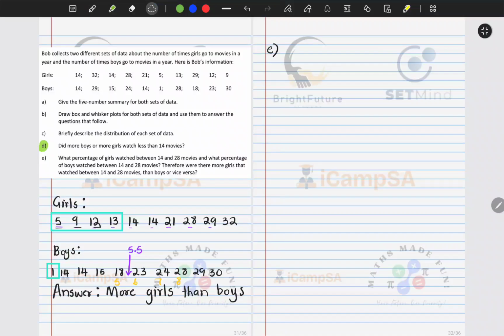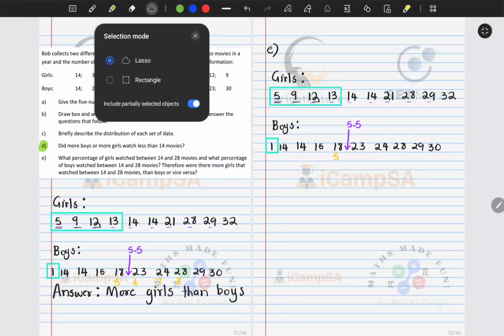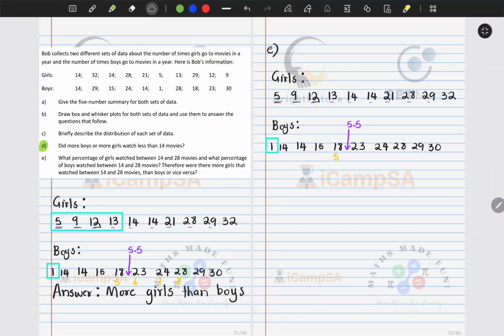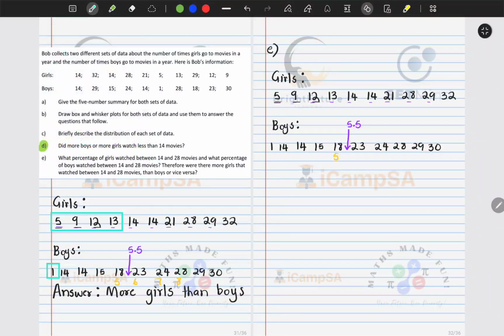So let's take this data set, both of them, and quickly do our analysis. They're saying we should look at people who watched between 14 and 28.